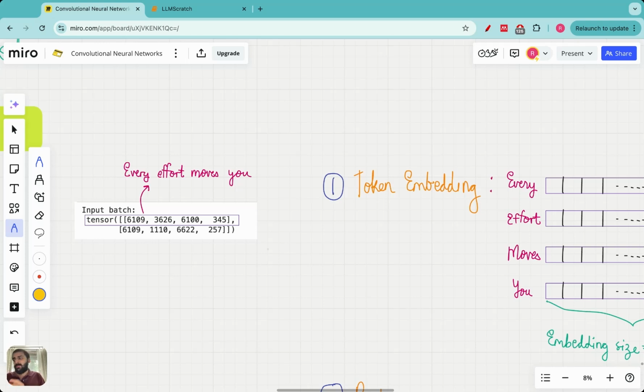I've not found much good material out there which takes students through every single step in the GPT model like this. Even in the previous lecture we went through the entire code, but we did not see a hands-on example of, let's say, if you take a specific input sequence, how does that input sequence flow through the different blocks of the GPT model and how do we get the output.